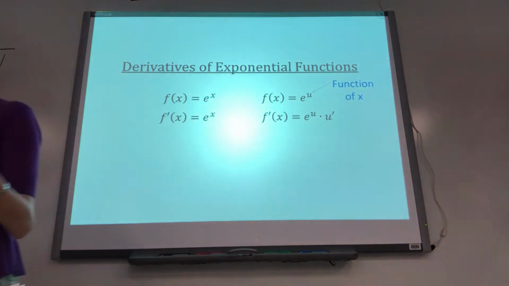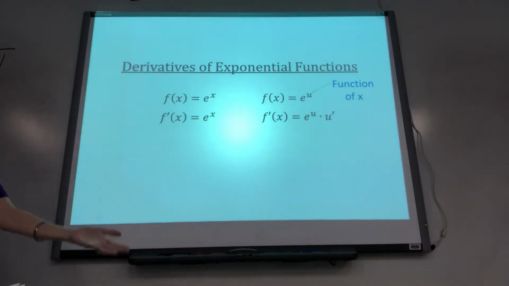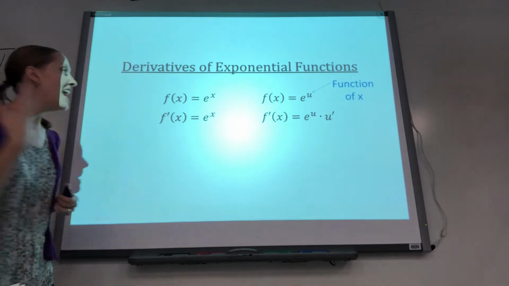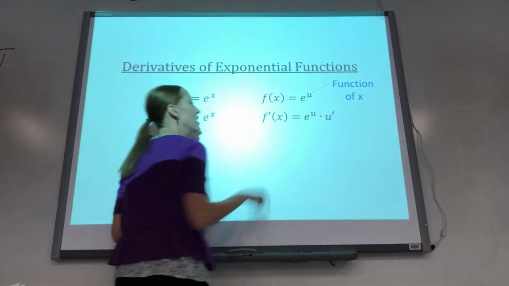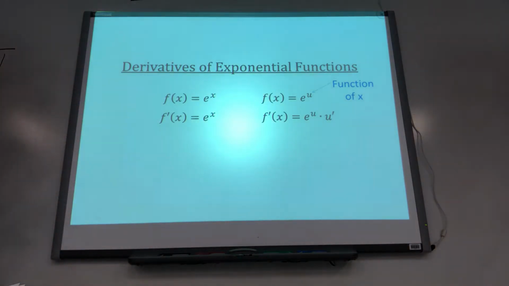It's kind of like the chain rule, how you had to go back and take the derivative of the part in parentheses. Now we have to go back and take the derivative of the exponent, whatever it was.